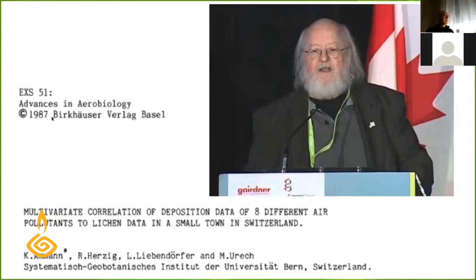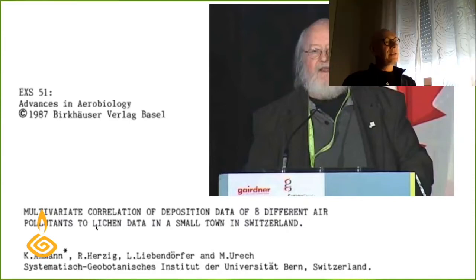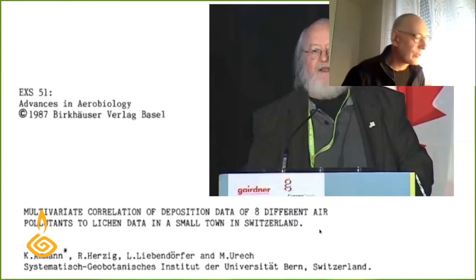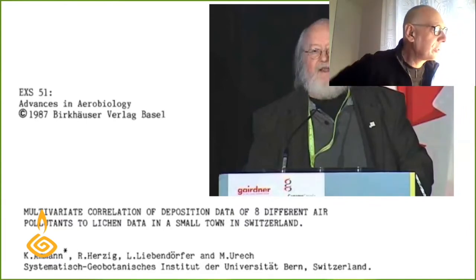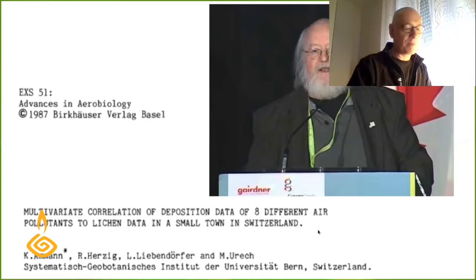In 1987, they published this very famous paper about the multivariate correlation of deposition data of 8 different air pollutants with the lichen data collected through the index of atmospheric purity method in Switzerland. This paper was very important because it influenced the whole history of the use of lichens for monitoring air quality in Italy, Germany, and the whole of Europe.